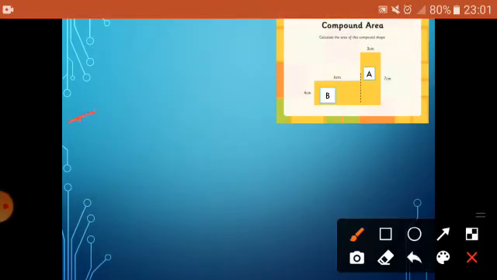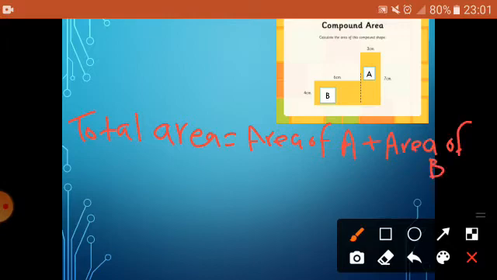Total area, let me write it for you, is equal to area of A plus area of B, because learning is very important in these cases. Proper steps. What was area of A? That was 21 square centimeter. What was area of B? 24 square centimeter.